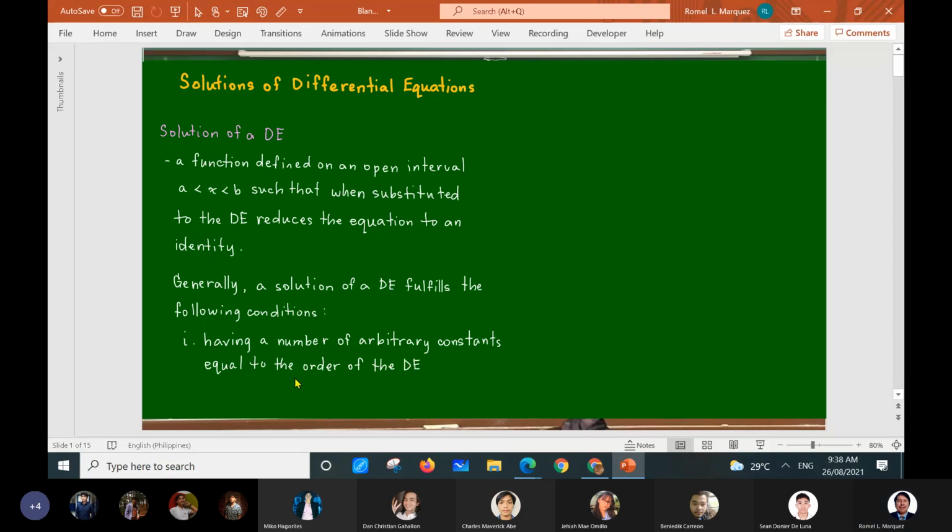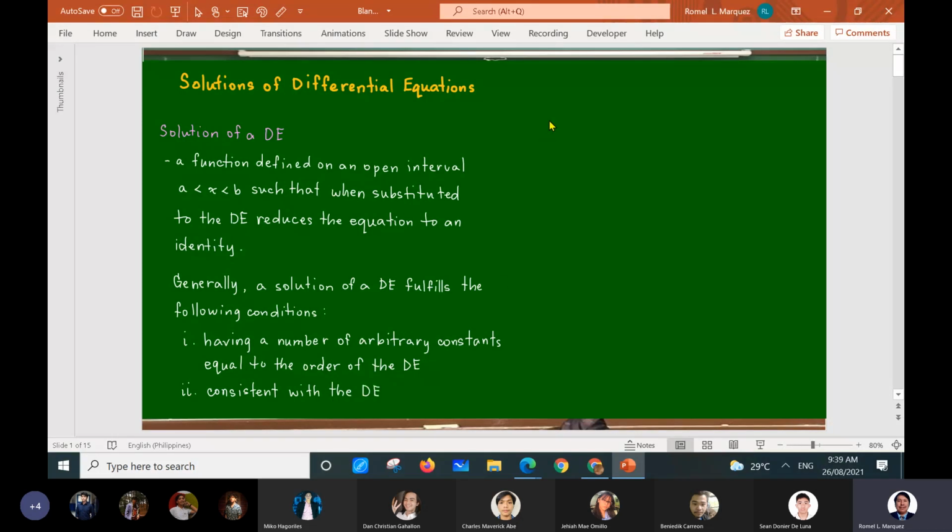Okay, guys? What about the second one? Consistent with the differential equation. So meaning when you substitute, it will make the differential equation a true statement. Okay?